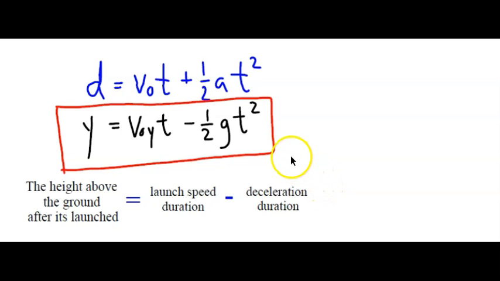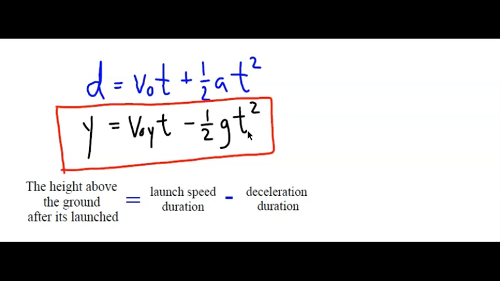Here we have the distance or displacement formula in the vertical direction, d being replaced by y. The initial speed, v0, is Voy. That's the vertical launch speed minus the effect of gravity on that object. So as an object rises, it slows down, as we know from the previous equation, and in slowing, decelerating, it does not cover as much distance for each second, so it doesn't rise as far as it did in the second prior.